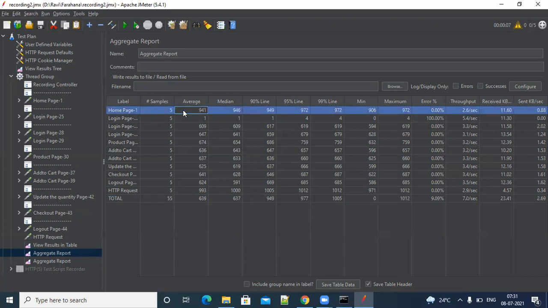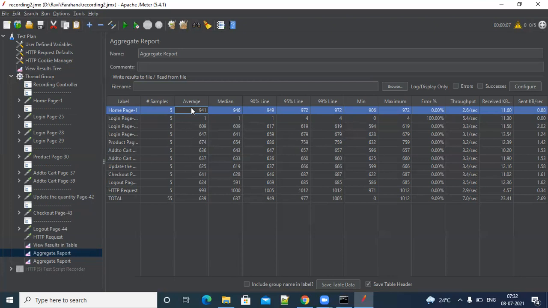Average load time, response time, all are response times only. Why do they mention average? Because it's five users' data, so they make it an average. By default, the units are in milliseconds, and the same for all other columns.